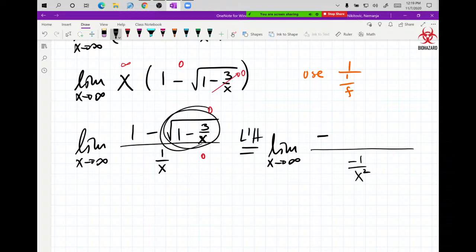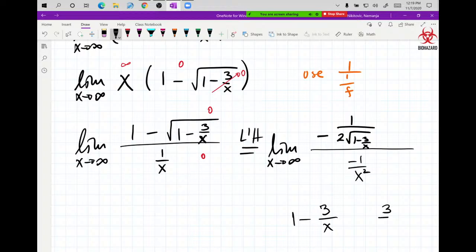And the derivative of this square root is always 1 over 2 times the same square root times the derivative of the inside. Now, the derivative of the inside of this square root is the derivative of 1 minus 3 over x, which is 3 over x squared. I hope you see that, because the derivative of 1 over x is negative 1 over x squared.